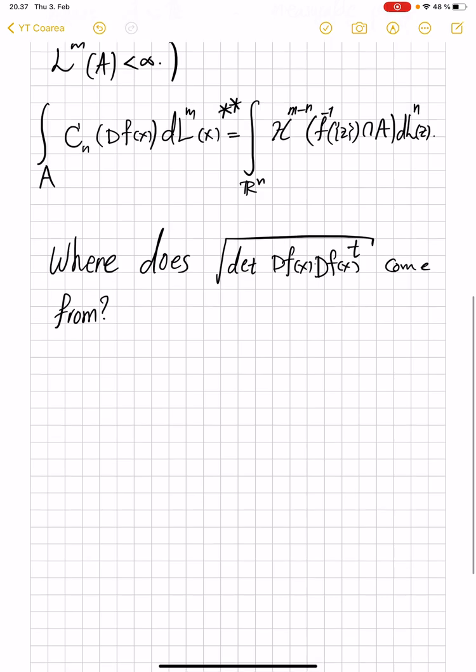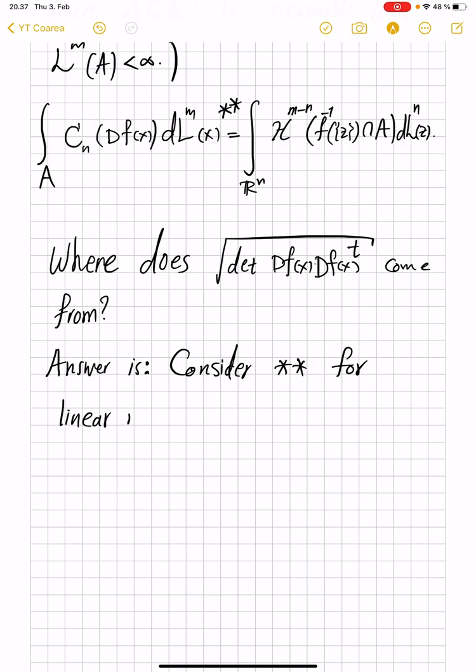The answer is, consider double star, which we call the Coarea formula again, for linear maps f from Rm into Rn.